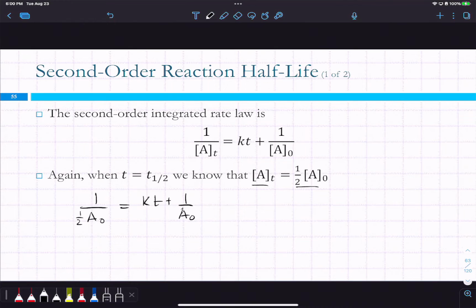Before I subtract A0 out from both sides, we can make this a little bit easier to look at. If it's 1 over 1/2, it can be 2 divided by. So it'll be 2 over A0 minus 1 over A0 equals kt. So then it'll be 1 over A0 equals kt, and this is t1/2.